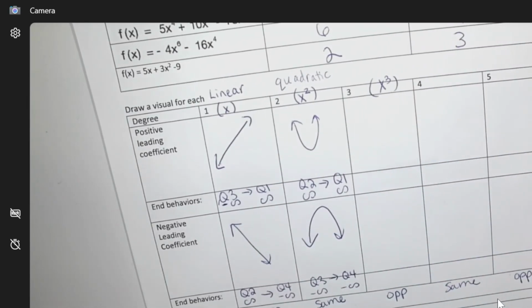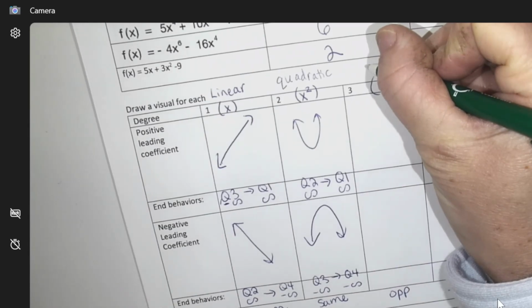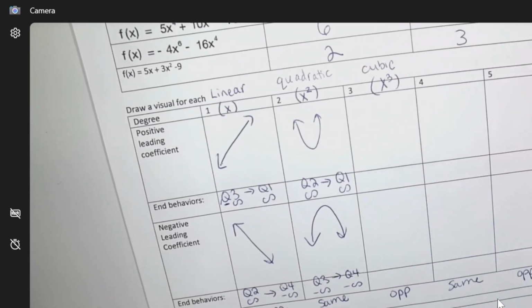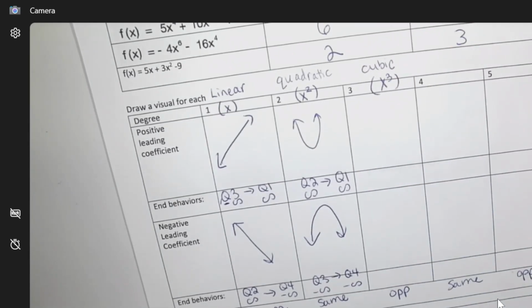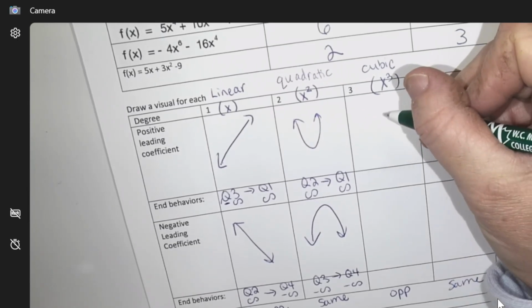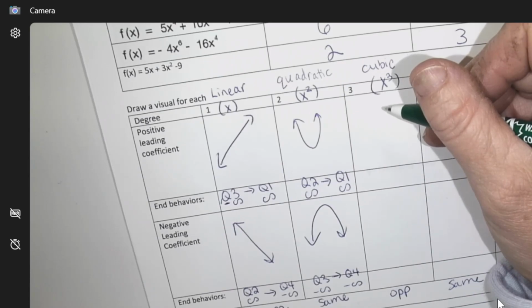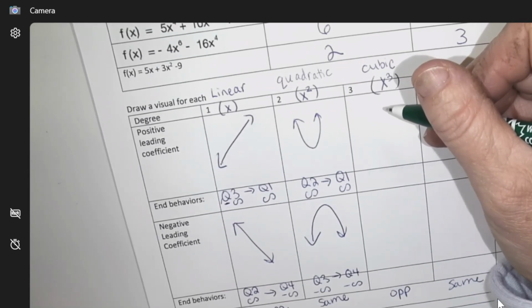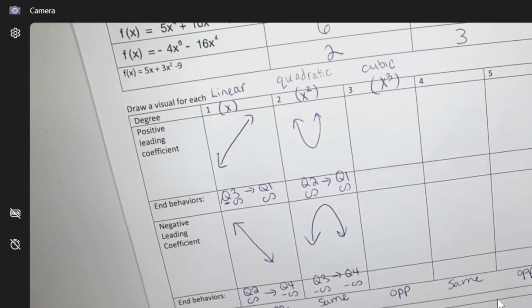So x cubed is called a cubic relationship, and the arrows will be opposite directions, and the shape is a letter of the alphabet. Anybody guess the letter of the alphabet that would have arrows going in opposite?